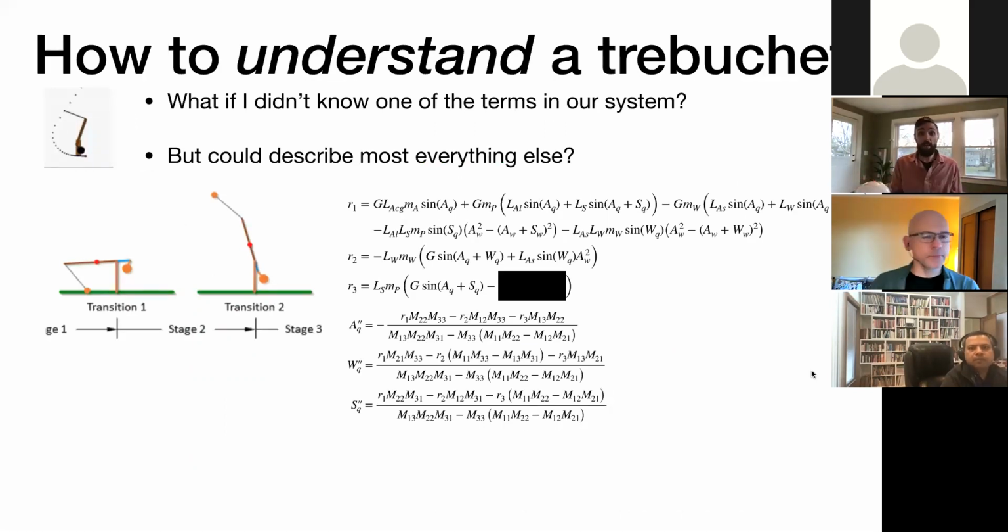And I might not know some terms of my model, but could describe lots of other terms. So for example, I'm not entirely sure how the speed of the projectile will interface with the density of air, right? And how that'll interface with the wind speed and such.